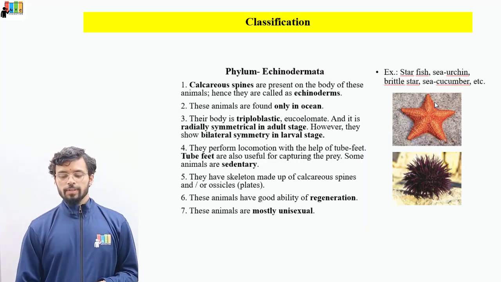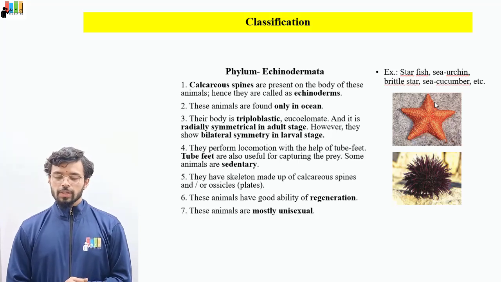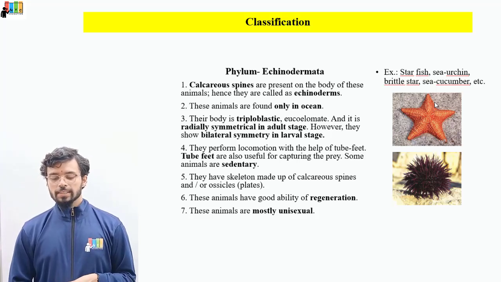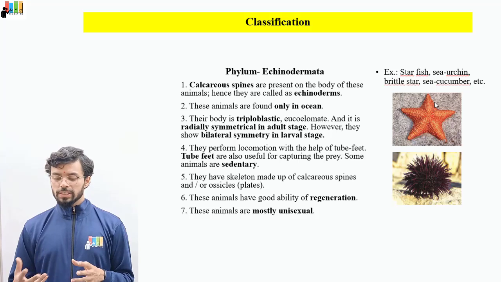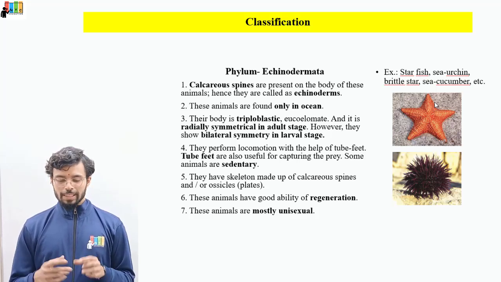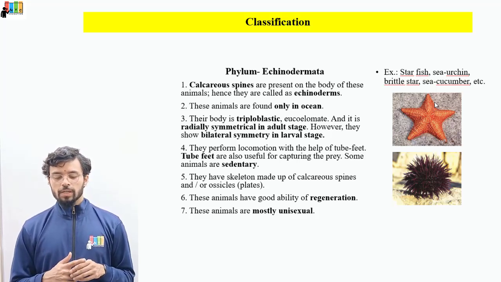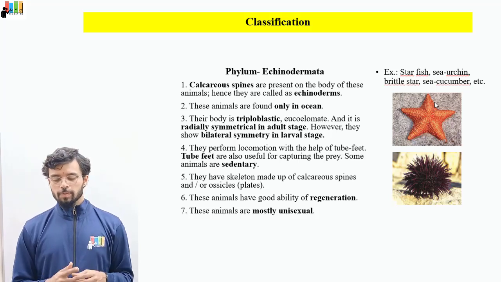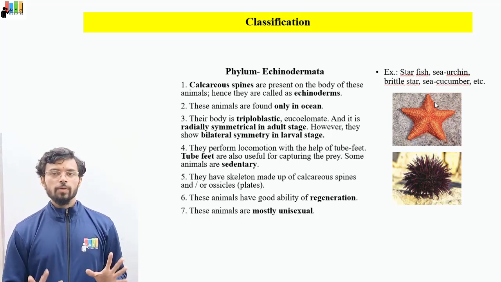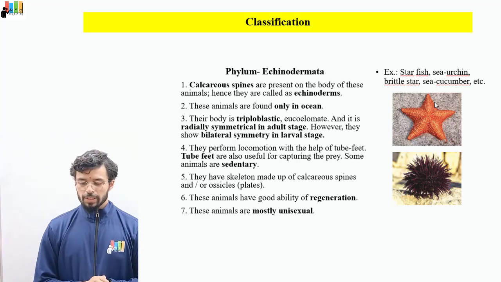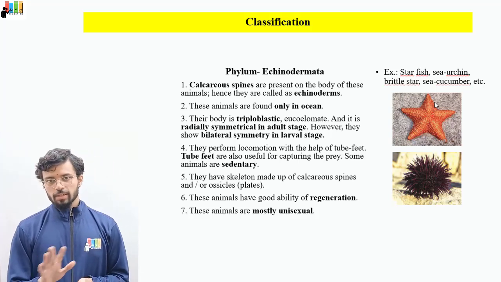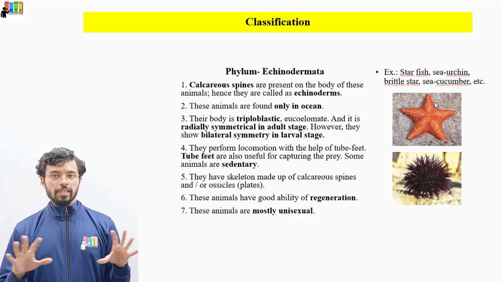Then you have echinoderms. What are echinoderms? Echinoderms are organisms like the sea star or the sea urchin, which have very hard to touch, calcareous or calciferous spines present all over their body to protect them from predators. These animals are found only in the ocean, right? No confusion, not in fresh water.